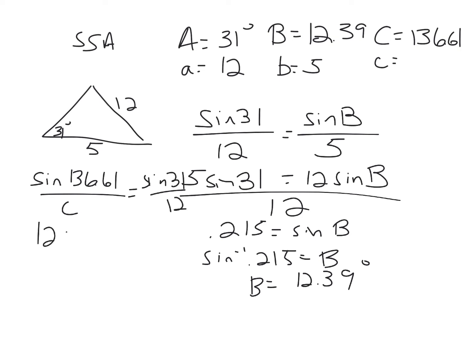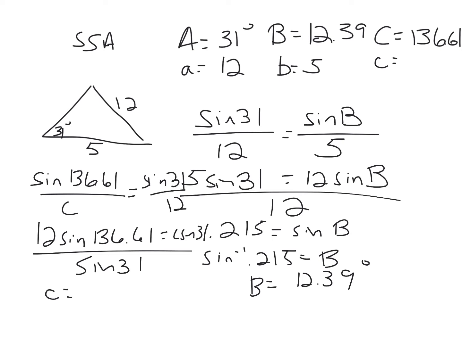Cross multiply. Divide by sine 31, and we'll get c is equal to 16.01. Okay, and that is for this one right here.